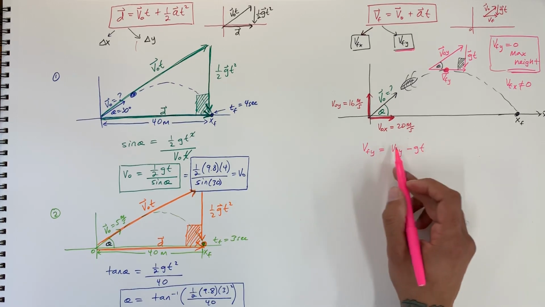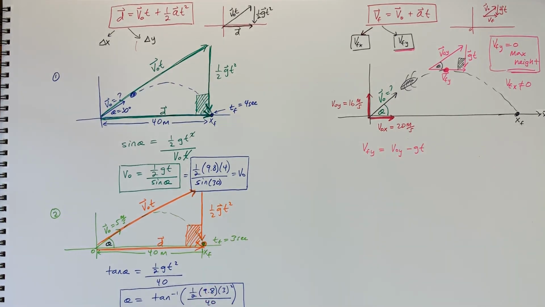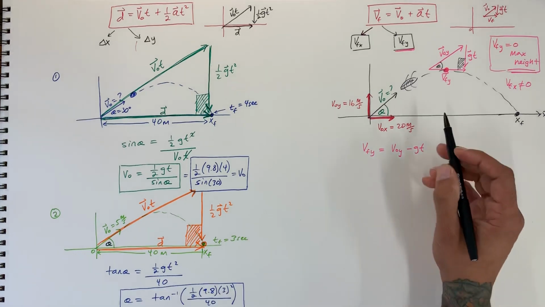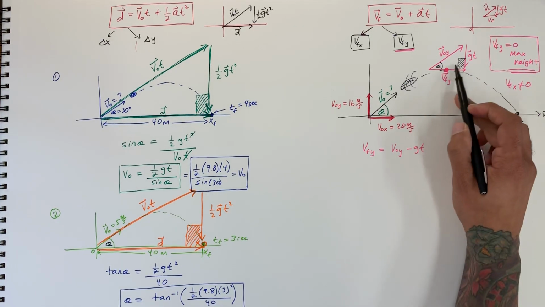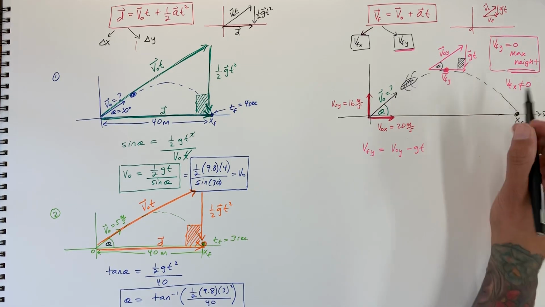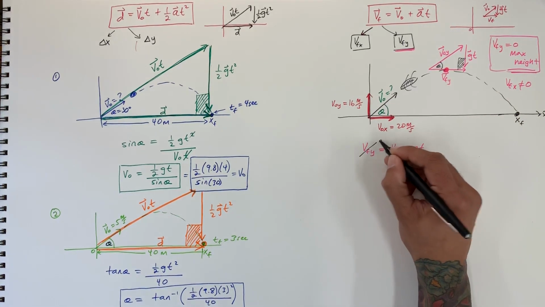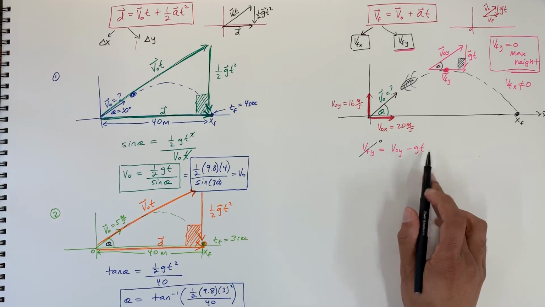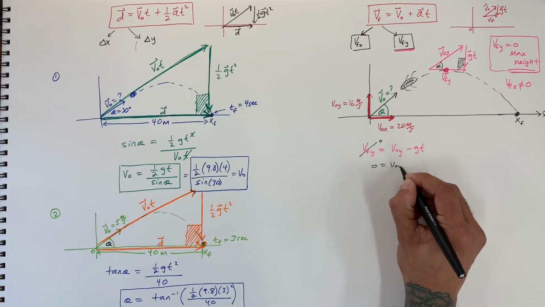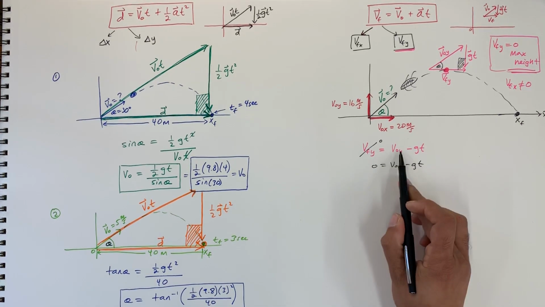So having this equation here, and knowing that at max height, where we drew our vector triangle, velocity final in the y is 0, now we have this relationship here, and you remember what velocity initial in the y is.